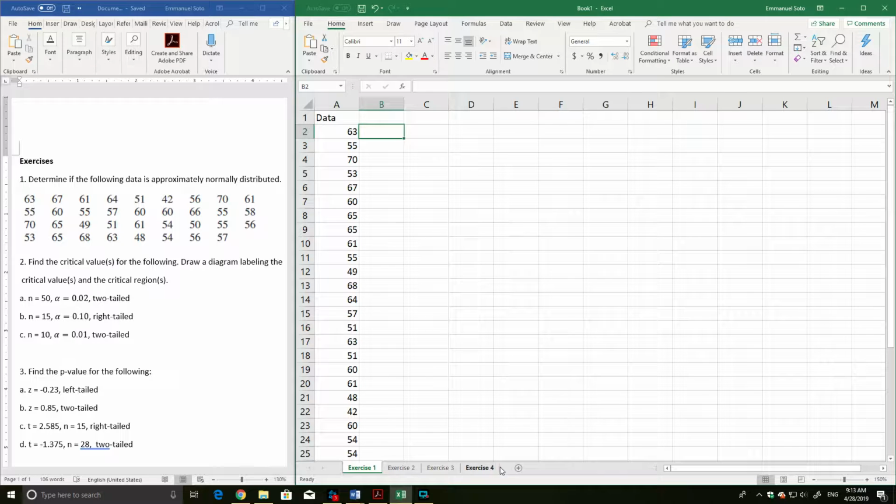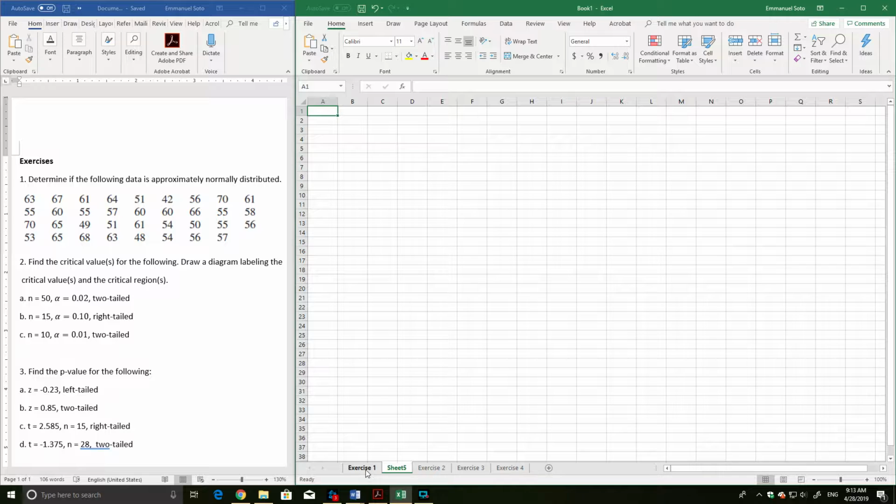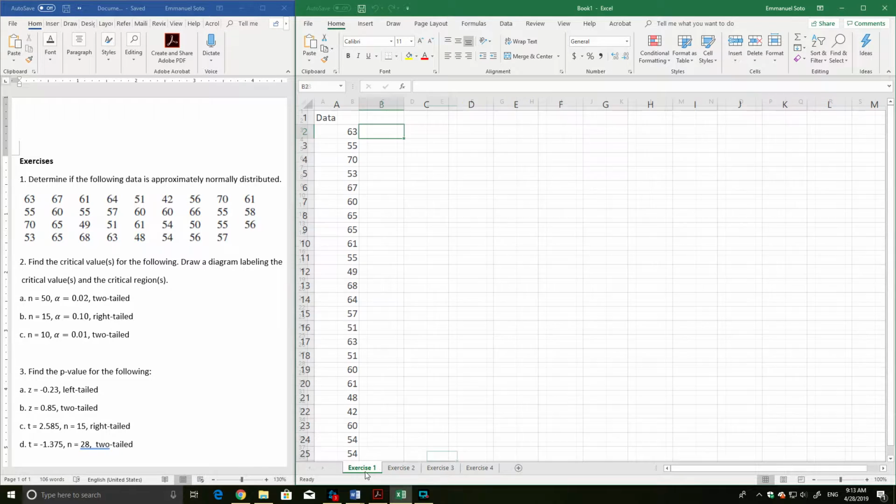And if you'd like to add a worksheet, you just click on this plus icon and then rename the worksheet by double clicking on the label and label it whatever you want. And if you want to delete it, you can right click it and delete the sheet. All right, so I have all the sheets labeled for my exercises.